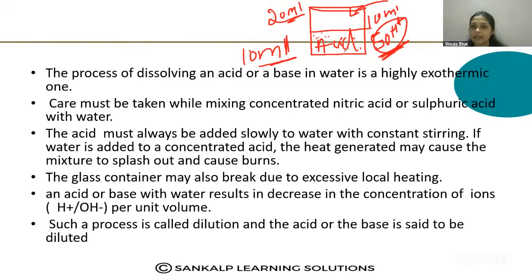So for 20 ml, 50 H plus ions are there now. That is called the concentration of ions decreased. Earlier, for 10 ml there were 50, now for 20 ml there are 50. So the ion concentration is decreased per unit volume. That is called dilution.